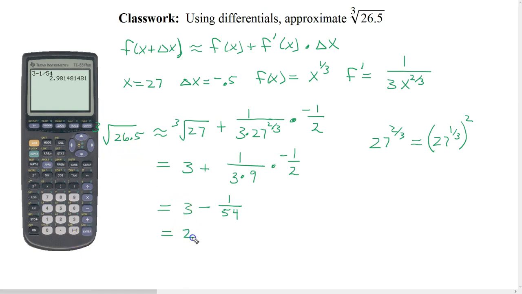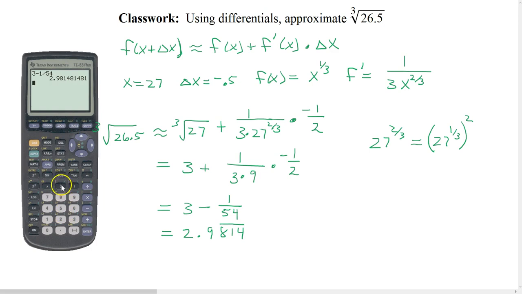And we get 2.9814, and that keeps repeating, or 2.9815 if we want to round it. And let's see how close that is to our actual value of the cube root of 26.5 just using a calculator.